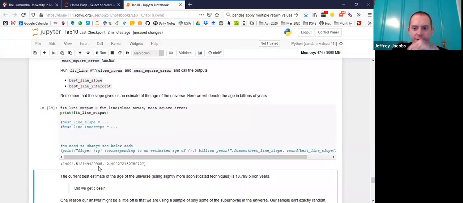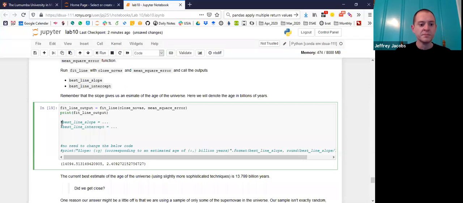It's kind of weird: it actually gives us two values, a slope and an intercept at the same time. You're not calling fit line twice. Even though there are two lines here to fill out, you're just calling fit line once, and the first element of its output is the slope.